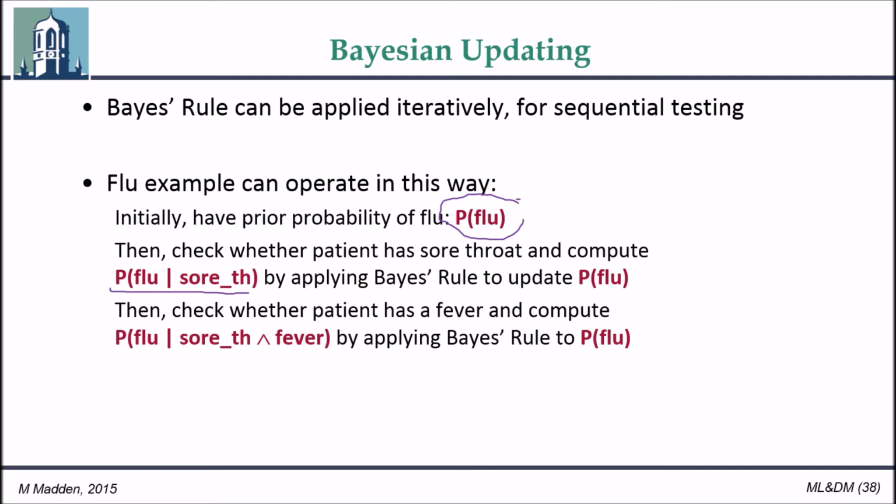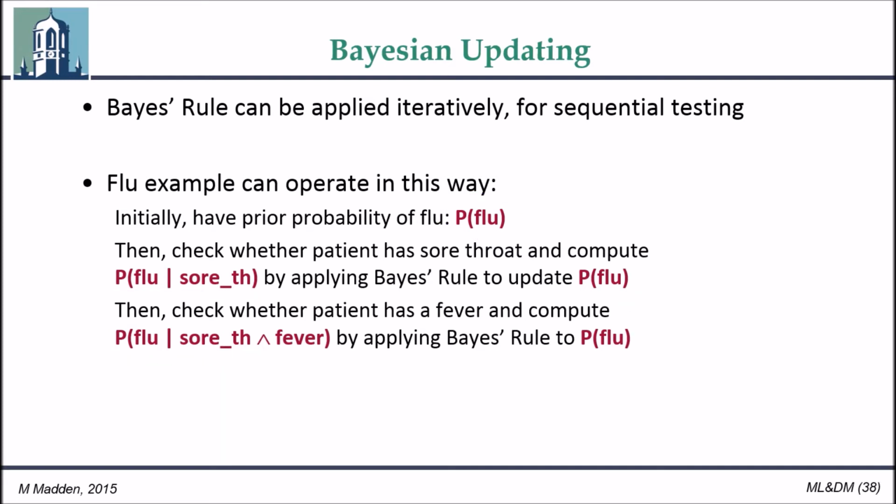Then we can check whether the patient has a fever as well, and we can compute another update, the probability of flu given sore throat and fever, by applying Bayes' rule to the probability of flu, and in fact applying Bayes' rule to the probability of flu given sore throat. And I can't write that, so I'll just skip it there.